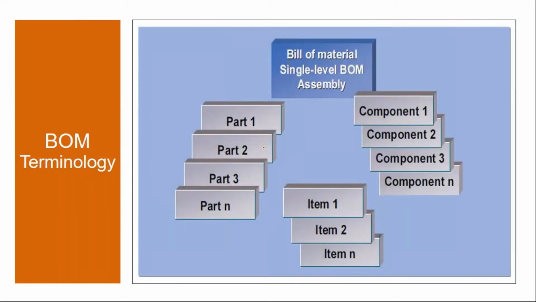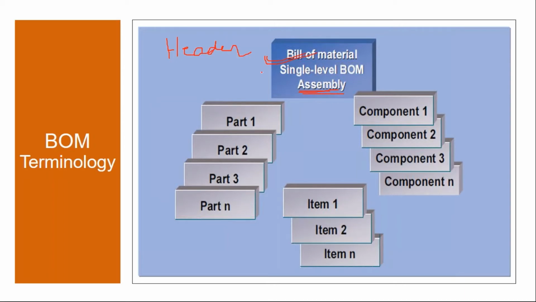Before going and creating the bill of materials in the system, we need to understand some terminology. Normally the header material, the product which you are going to manufacture, in some industries they call it an assembly also. In some industries they call it a header; in some industries an assembly.